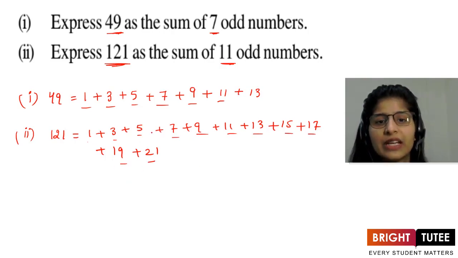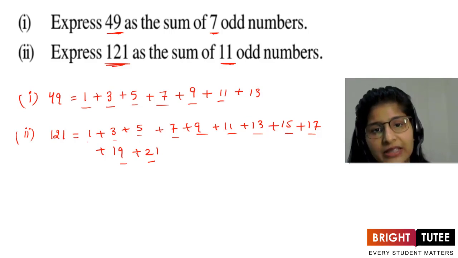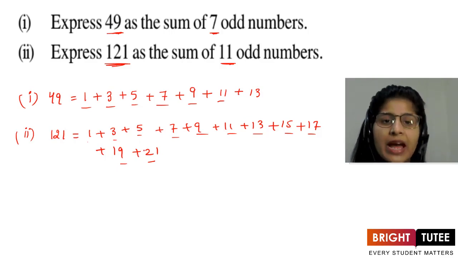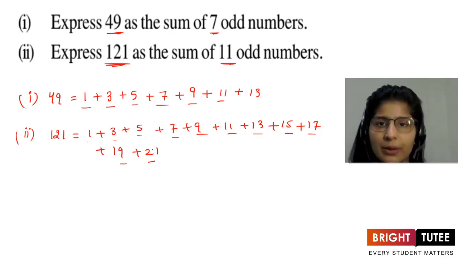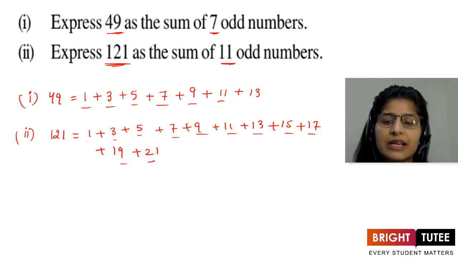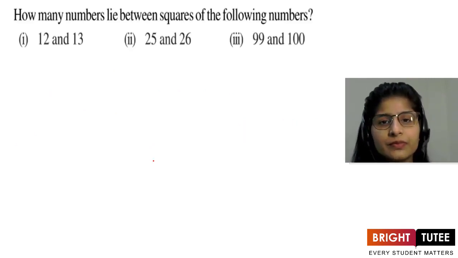The addition of these odd numbers will give us 121. So this is how we express a perfect square. We know that 49 is a square of 7, 121 is a square of 11. Then only we can express them as the sum of odd numbers. Clear? Let's move ahead now.